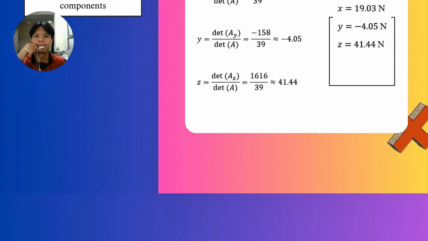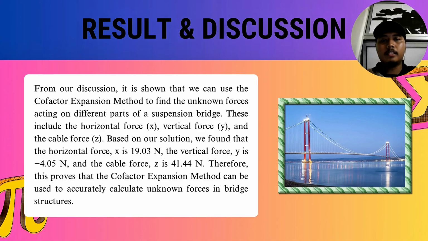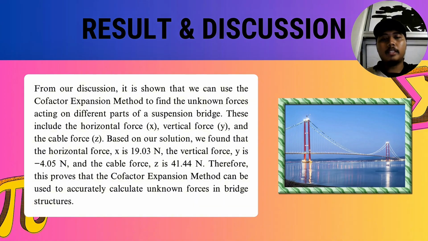For result and discussion, from our discussion, it is shown that we can use the cofactor expansion method to find the unknown forces acting on different parts of a suspension bridge. This includes the horizontal force, which we call Sx, vertical force Sy, and the cable force Sc.